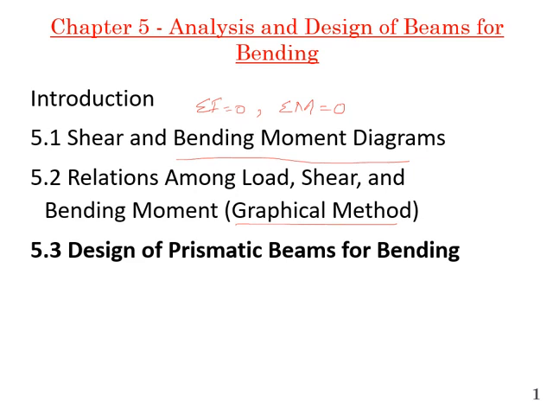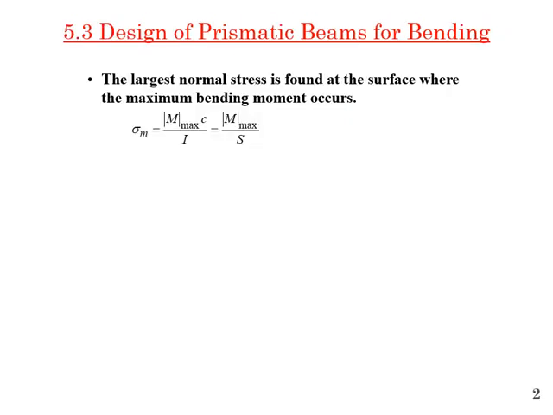Now, for the design of a prismatic beam, we need the maximum bending moment that we can find through the bending moment diagram, and by applying the flexure formula, we can design the beam. Let's see. The largest normal stress is found at the surface where the maximum bending moment occurs, and that maximum internal bending moment we can find using the shear force and bending moment diagram.